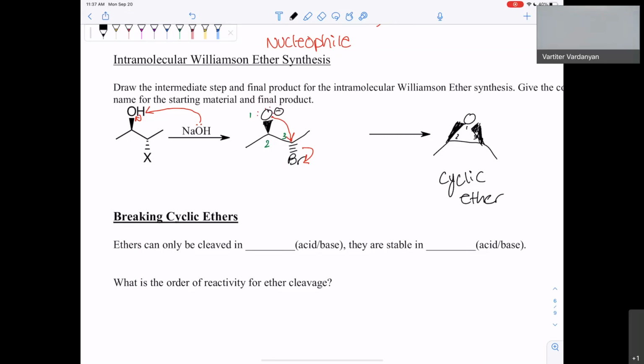So what I want you guys to remember is that the nucleophile and the leaving group have to be anti to one another, aka anti-periplanar, in order for this reaction to happen.